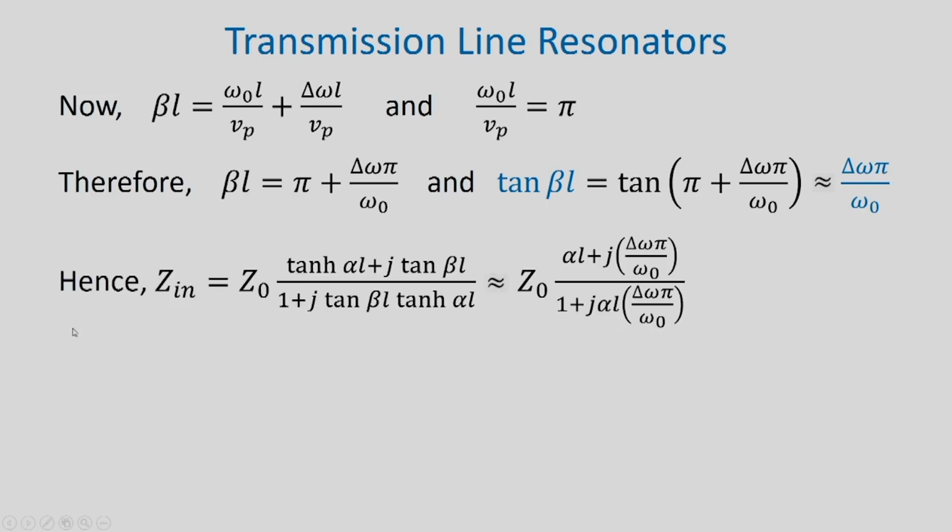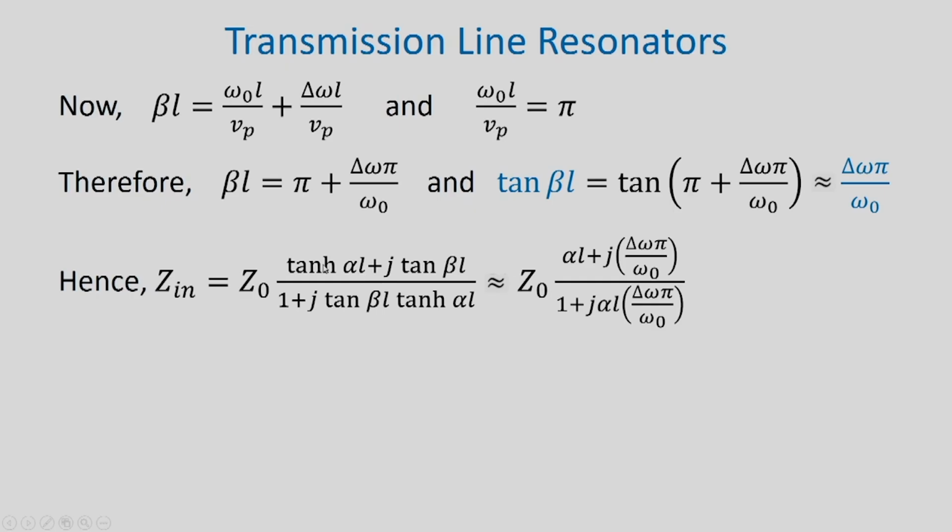Hence, we can now write Z in, which is Z naught times (tanh alpha L plus j tan beta L) divided by (1 plus j tan beta L tanh alpha L).